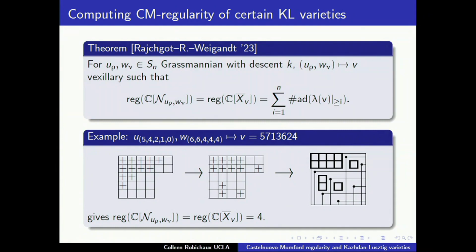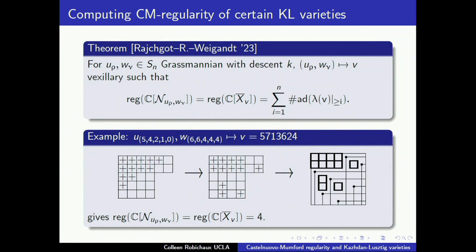How you can see what this correspondence is from this Grassmannian pair to this vexillary permutation is almost precisely coming from the correspondence between Grassmannian permutations and partitions, and the correspondence between vexillary permutations and a pair of partitions that I was mentioning earlier. So this pair of Grassmannian permutations corresponds to this pair of partitions here.